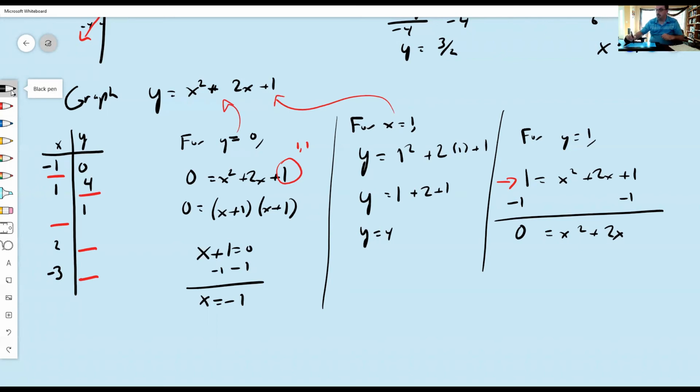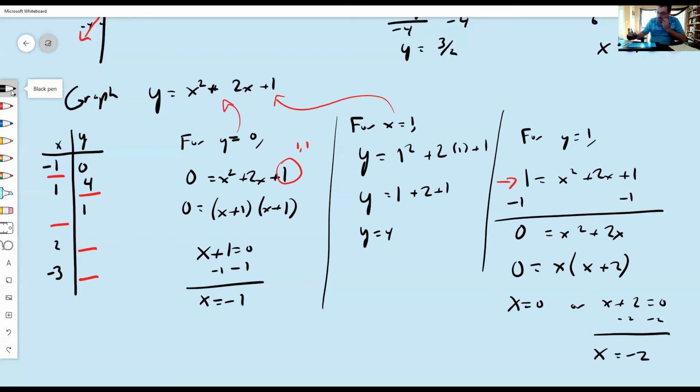In our case, x squared and 2x share x in common. So factoring it out, I have x times x plus 2. So either x is 0 or x plus 2 equals 0. So right here, I have an answer of x is 0 and x is minus 2.